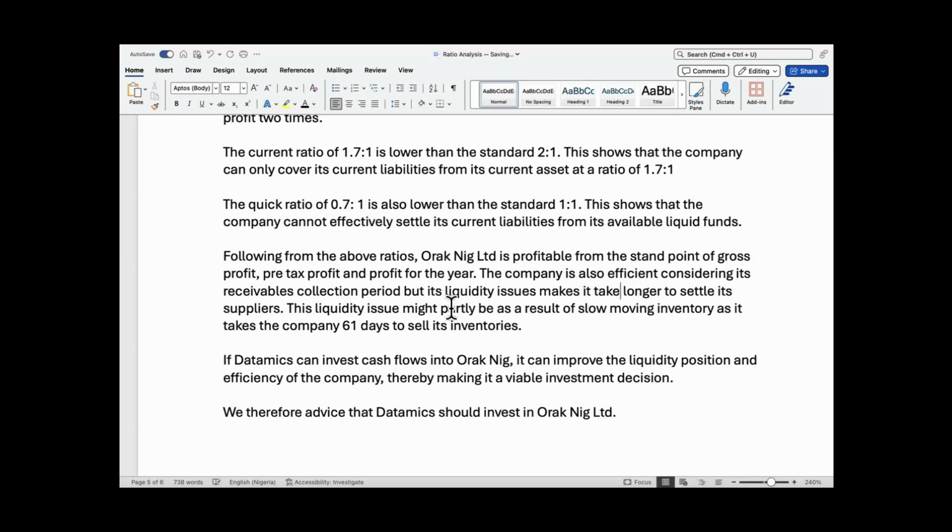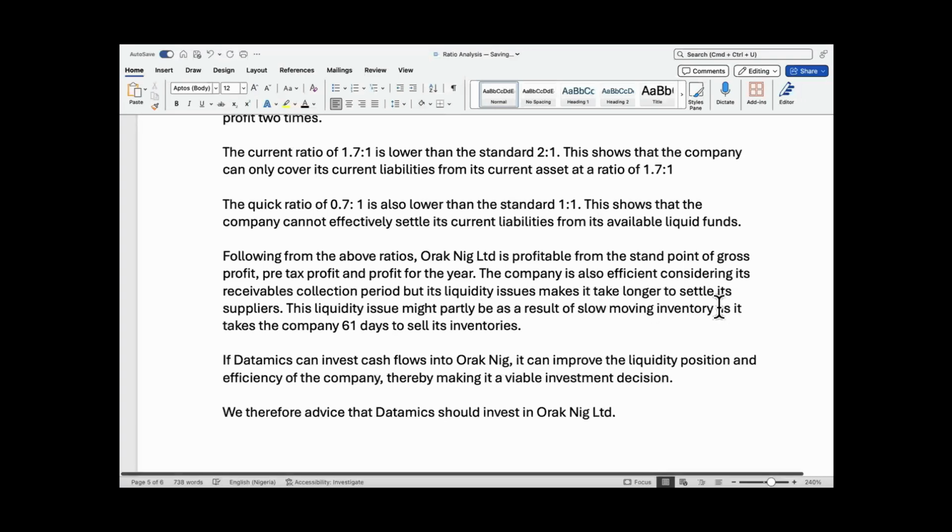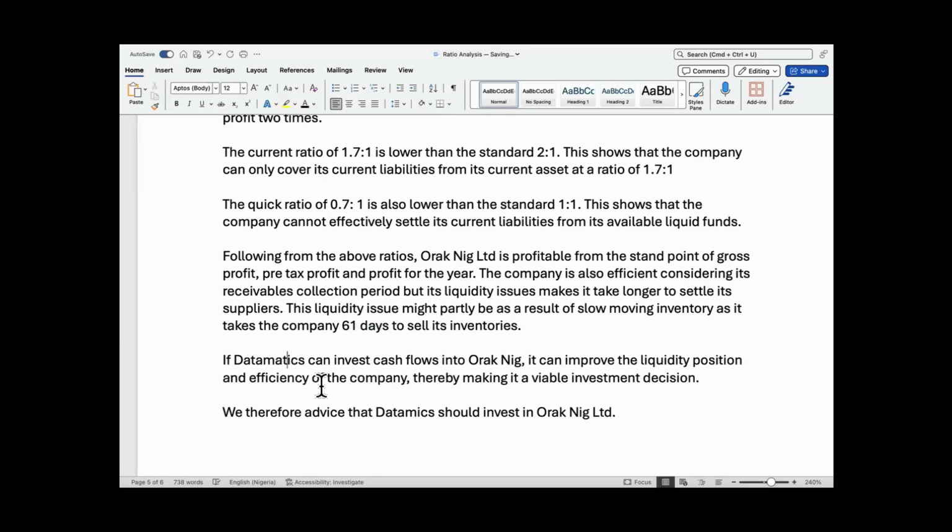The liquidity issue might partly be as a result of slow sales, because it takes the company 61 days to sell. So if Datamatics can invest cash flows into ORAC, it can improve the liquidity position and efficiency of the company, thereby making it a viable investment decision.